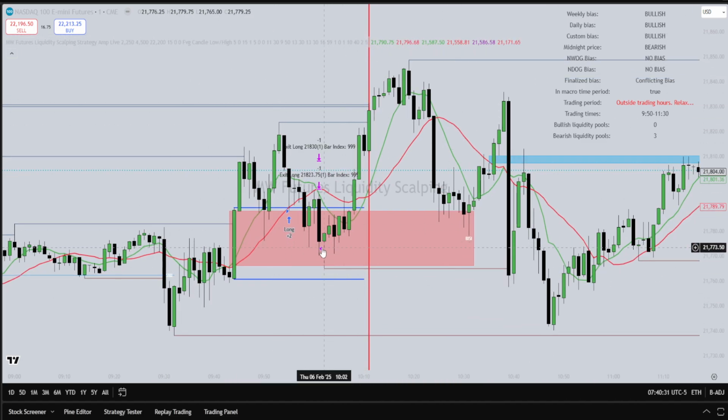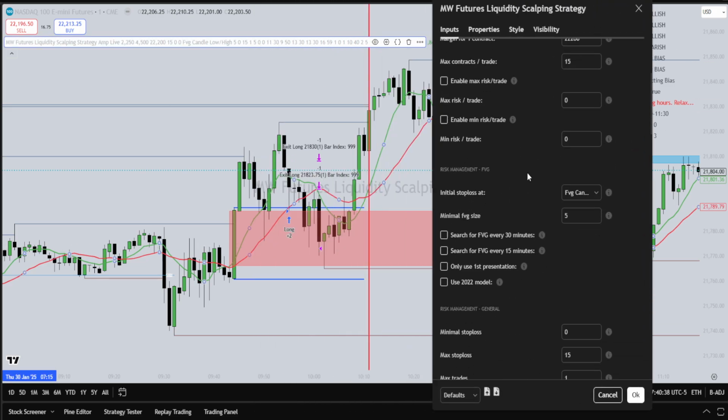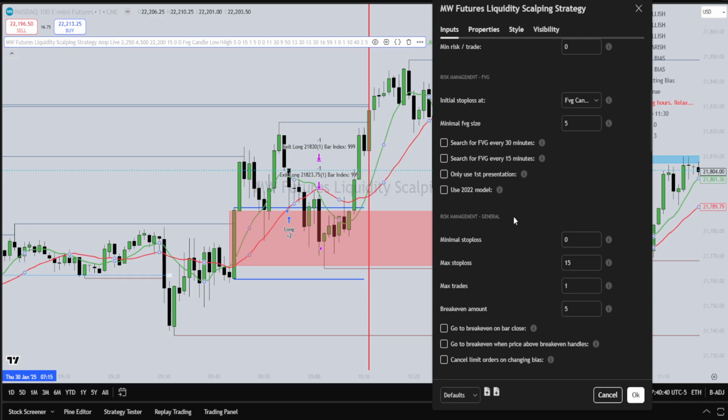But you see that our stop loss was actually taken out earlier. So in the settings, under risk management general, we see that our max stop loss was allowed to be 15 handles. If we change this to 30, we already see that this trade would have been successful.